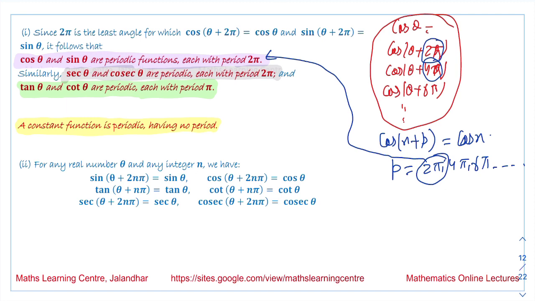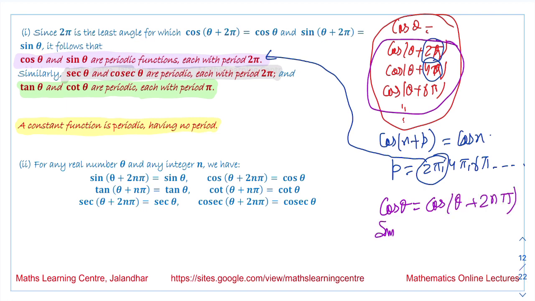In general, these results can be written as cos of theta is equal to cos of theta plus 2n pi, and sine of theta is equal to sine of theta plus 2n pi.